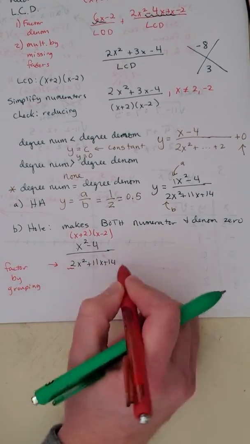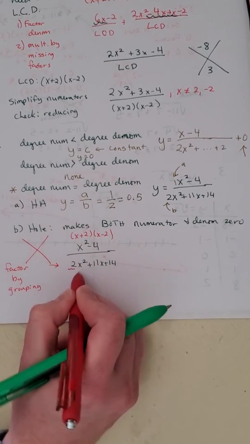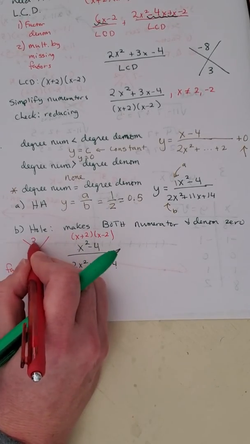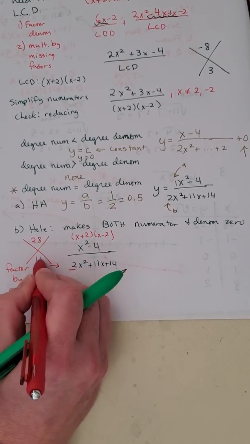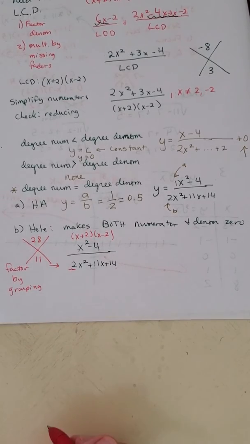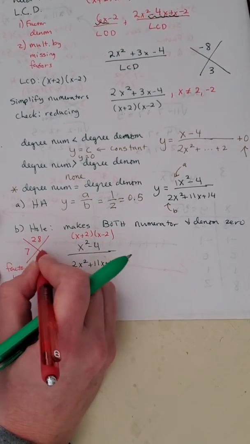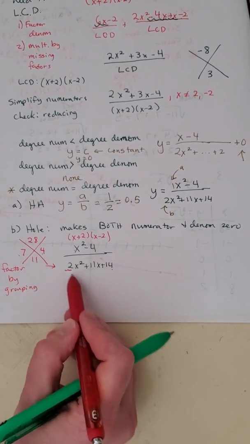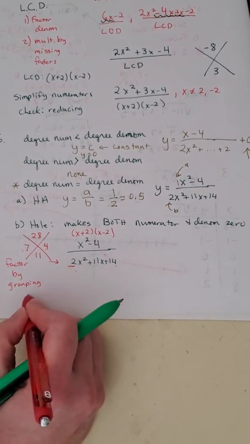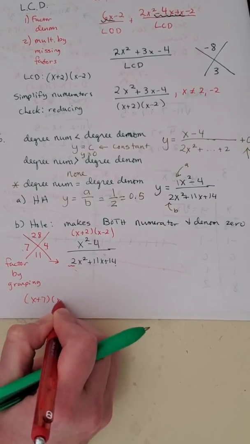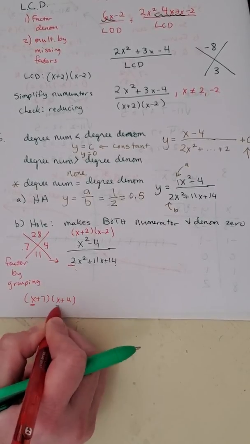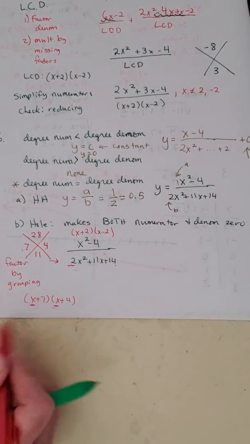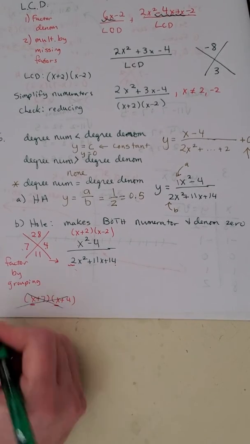So we need something that will multiply to a times c, which is 28, and it adds to 11. And those two numbers are 7 and 4. Again, we cannot just say x plus 7, x plus 4, because we have a leading coefficient. If we had x plus 7 and x plus 4, this will not multiply to 2x squared. It's just x squared. So it's not this.